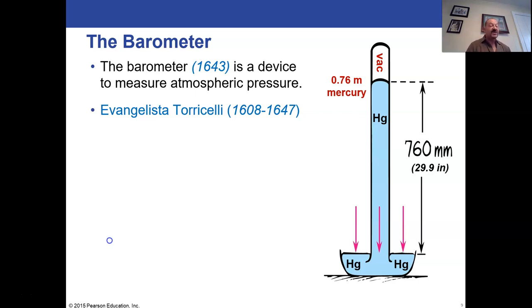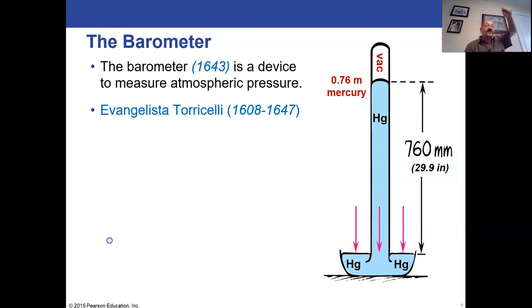So mercury is even denser than water. In fact, it's 13.5 times denser than water. So what that means is instead of 10.3 meters of water that the atmospheric pressure can push up, you can only push up 0.76 meters of mercury because it's so much denser.